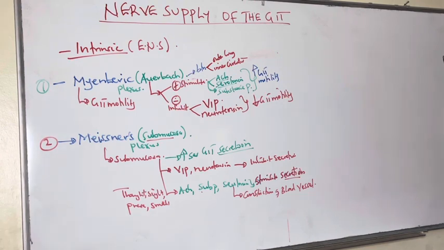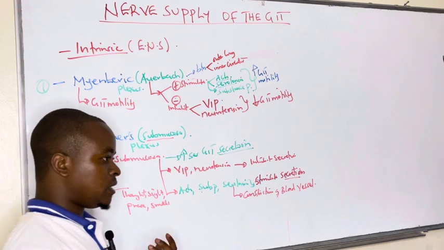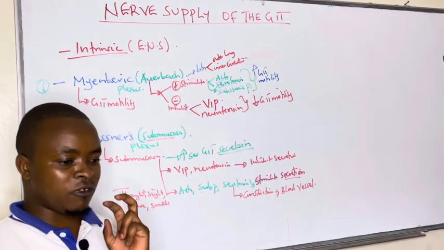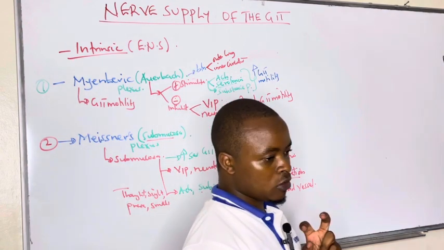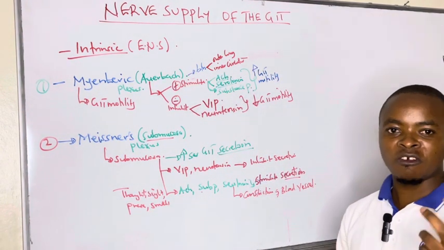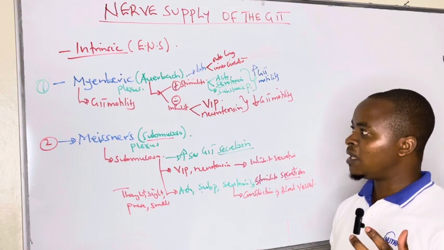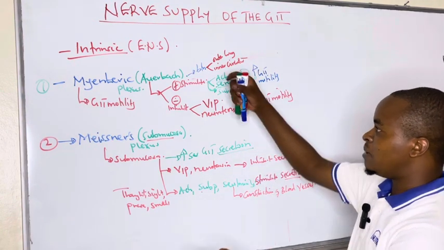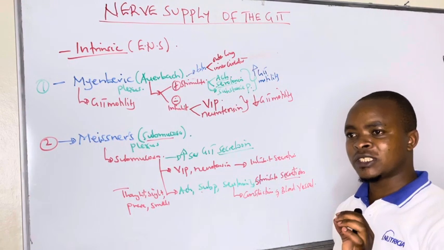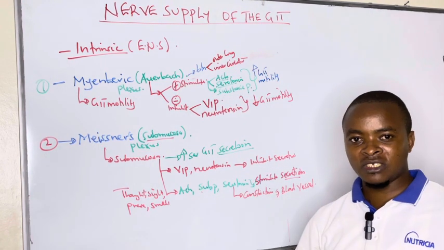And this enteric nervous system, majorly its reflex pathways are always 2. It is what we call local and vagovagal reflex. But this one is mediated by the local reflex, whereby presence of food causes stretching of the GIT.